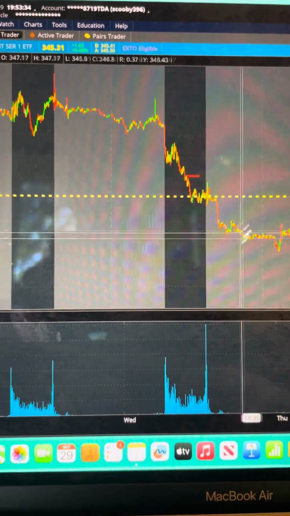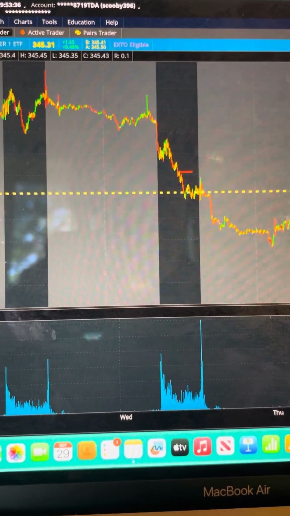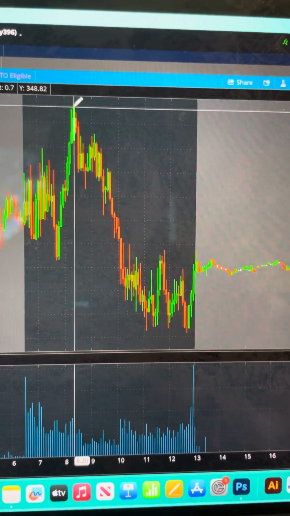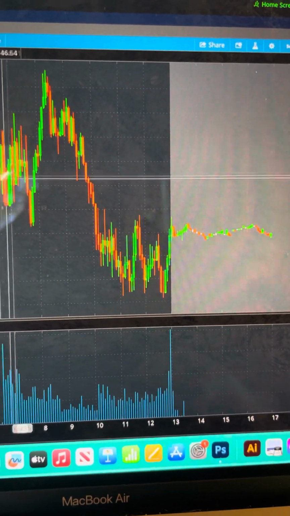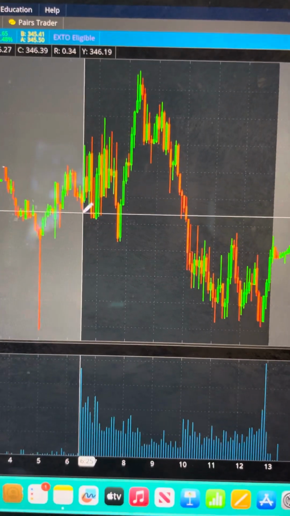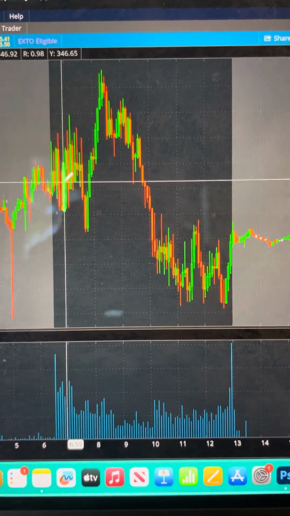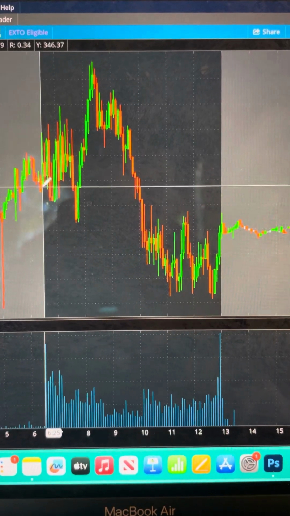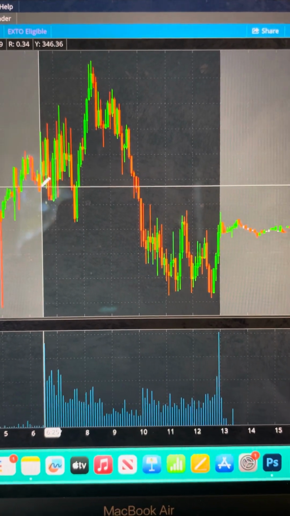So here's the 5 minute. If you're trying to retrace it, see if it's going to go up or down, you would go at the beginning of the day.